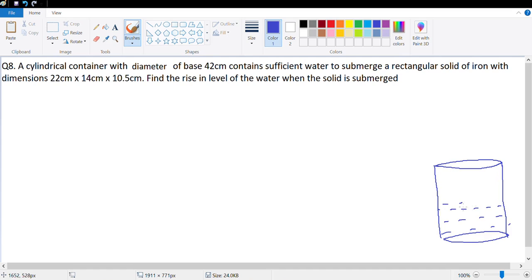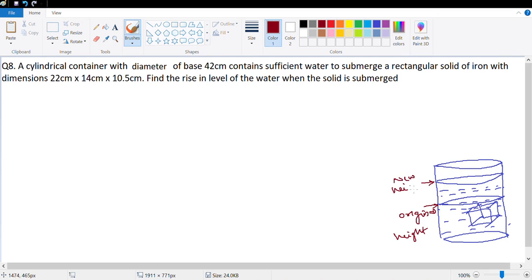So let's say this is that solid that we've put, and it has adequate water to submerge it. Now let this be the original height, and once it's immersed, let the new height be this. So this is the original height, and let this be the new height after immersion.